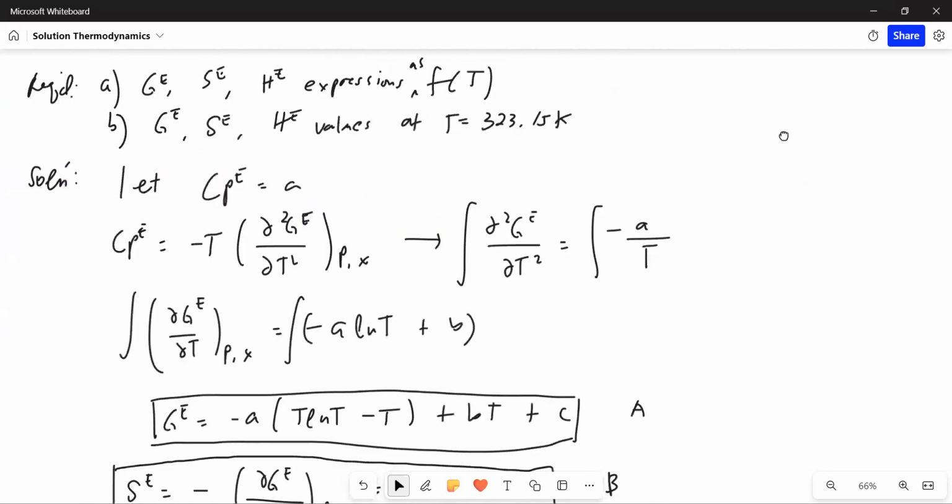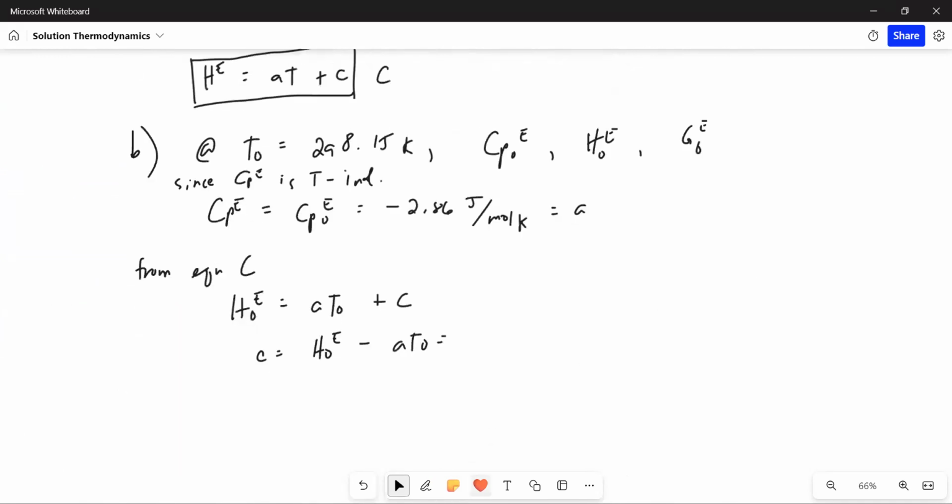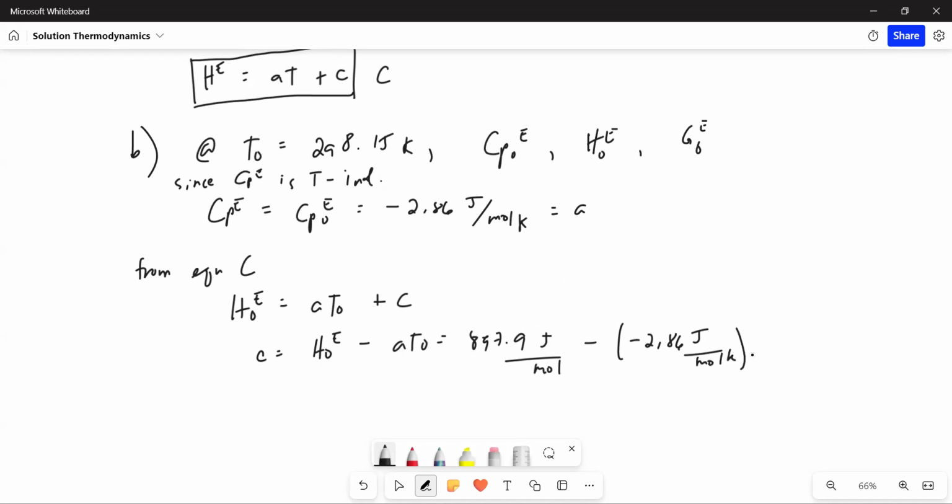So HE naught is 897.9 joules per mole minus A, that is negative 2.86 joule per mole Kelvin times T naught, which is 298.15 Kelvin.